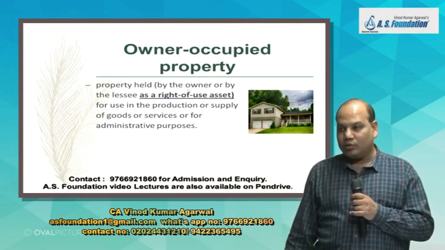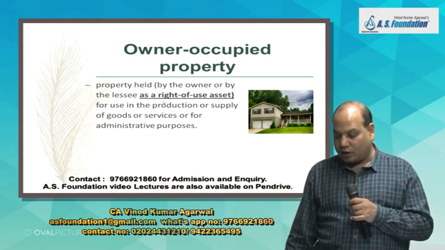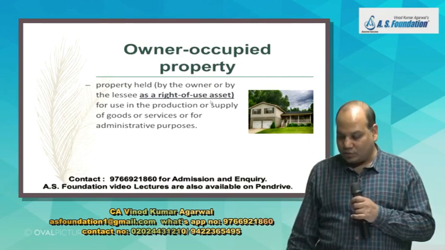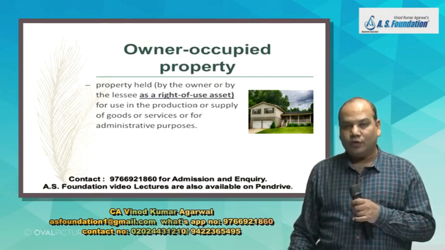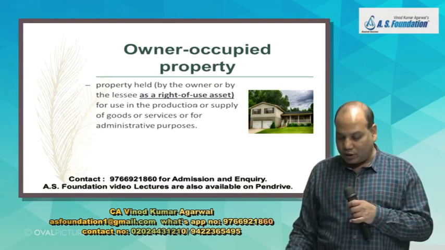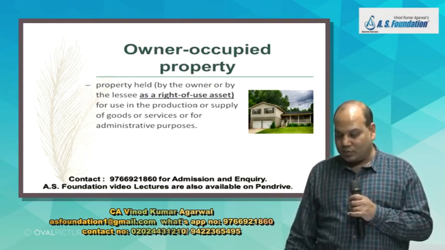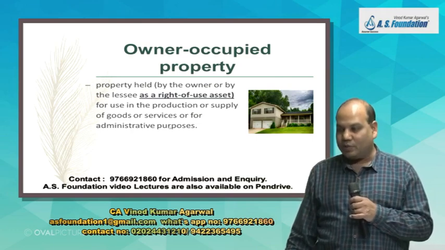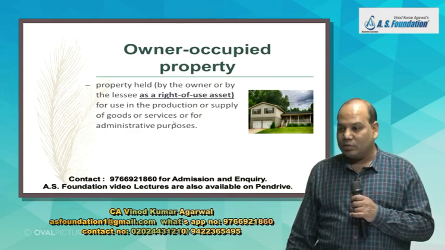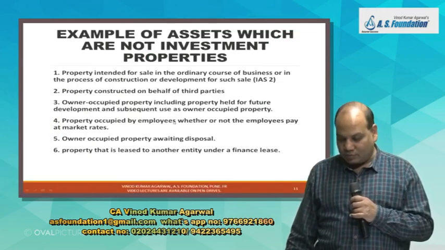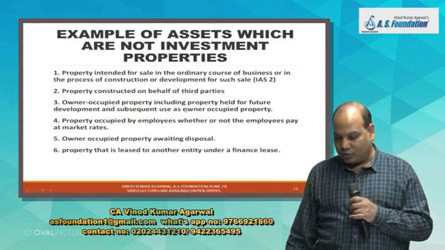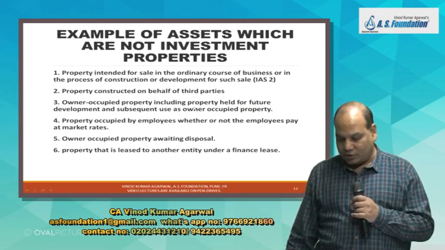So either the owner or the lessee as a right of use asset, which means like a finance lease. If they are going to use it for their own production purpose, rendering of services or for administrative purpose, then you will not apply this standard. Then you will apply IAS 16 or IFRS 16.